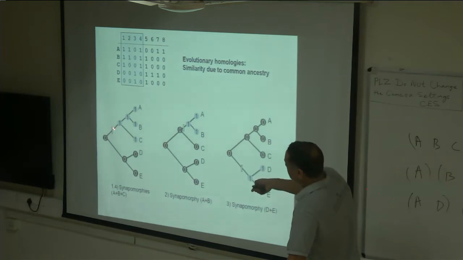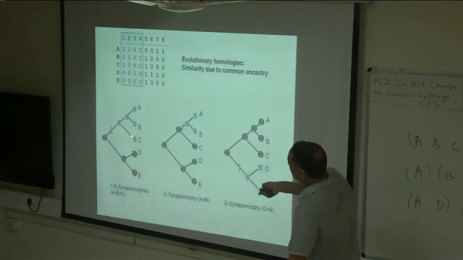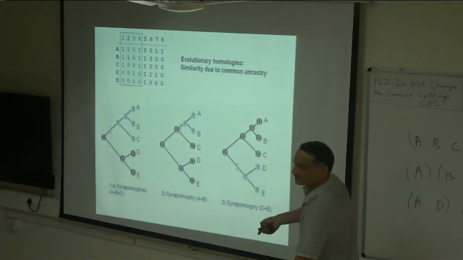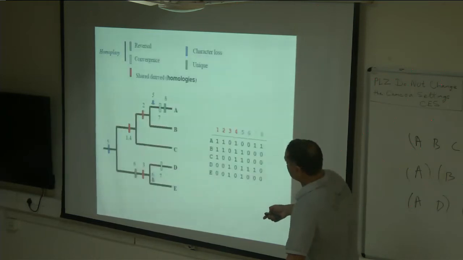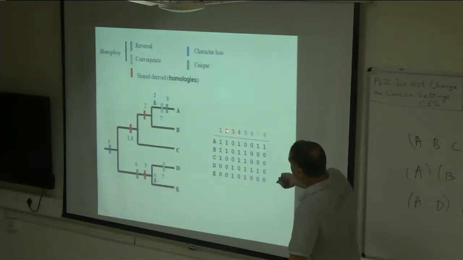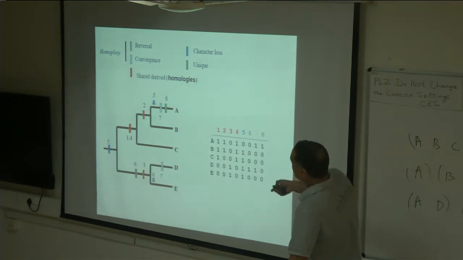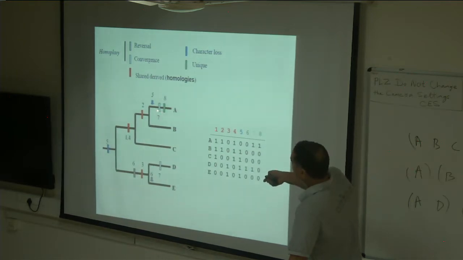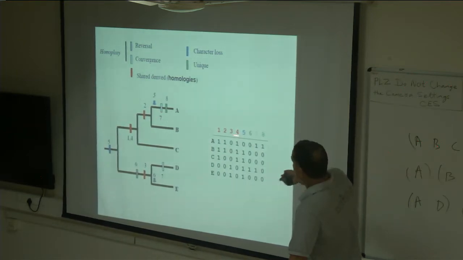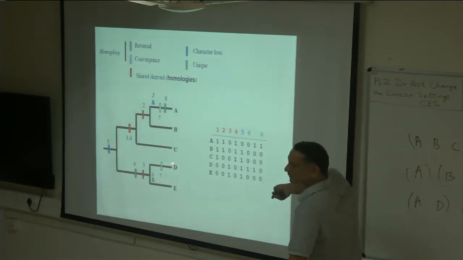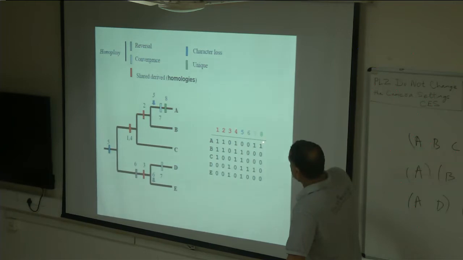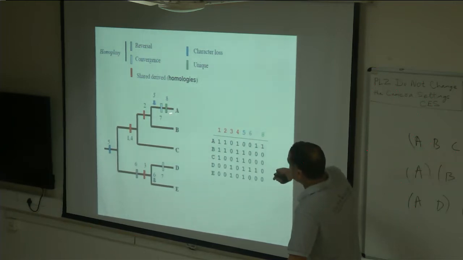So character 1, 1 bar, character number 4 also 1 more bar, so 2 changes. Similarly, that is character number 2. These 2, 7 is convergence here and here. 8 is a unique character here.